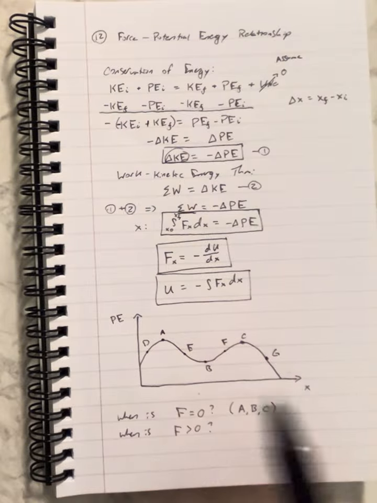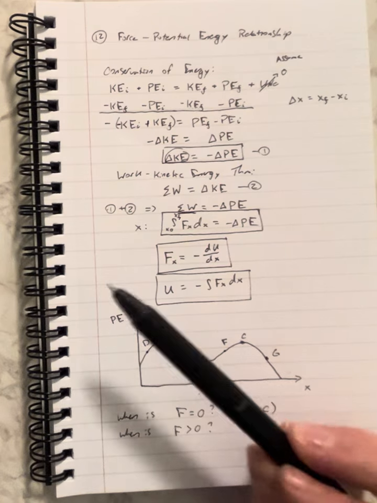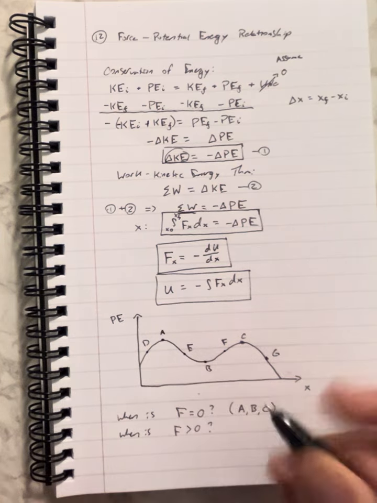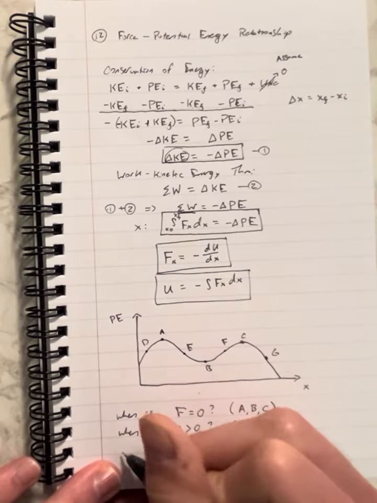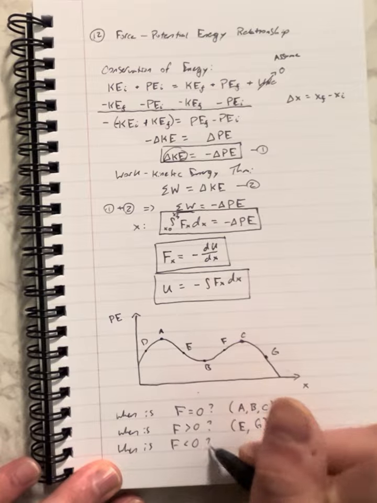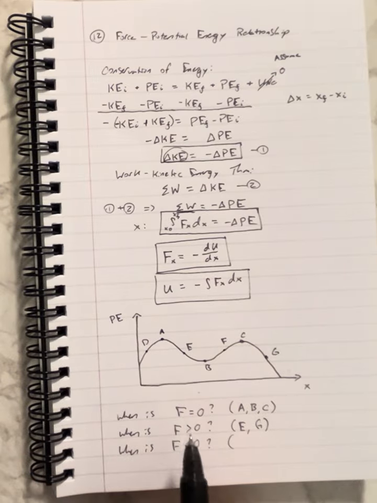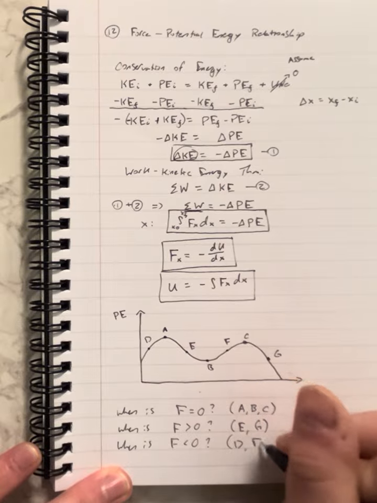So if I want F to be positive, the derivative has to be negative. Where's the derivative negative? Well, at E and G. Okay, E, comma, G. Conversely, when is F negative? F is negative when the slope is positive, at D and F.